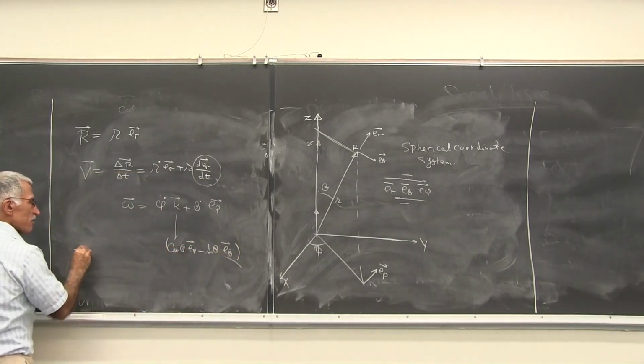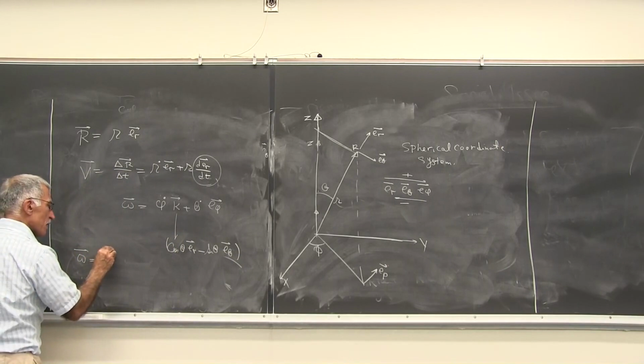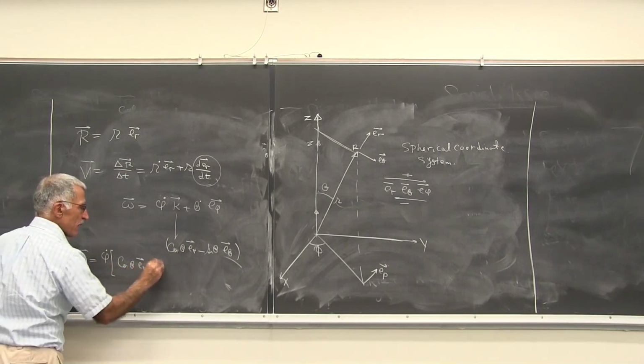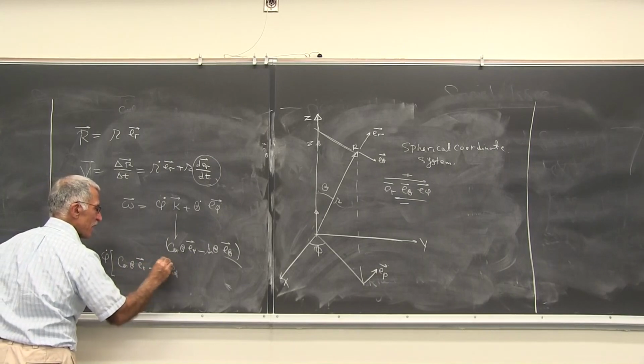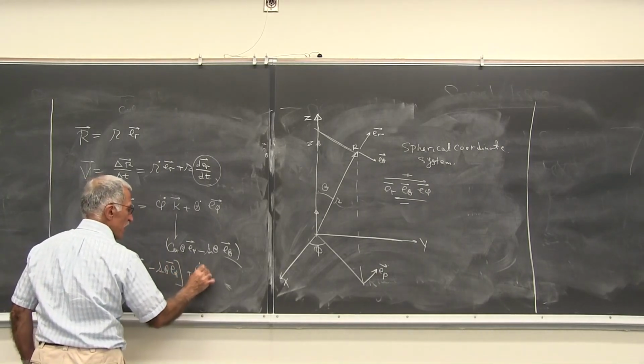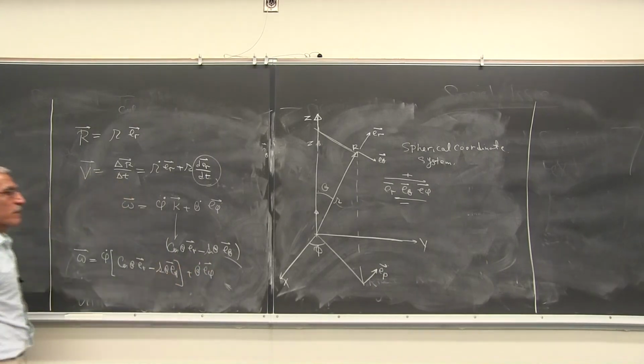So you can say my omega is really phi dot cosine theta ER minus sine theta E theta plus theta dot E phi. Now you can put it back here, and you can do the simplification, and then you do have your velocity.